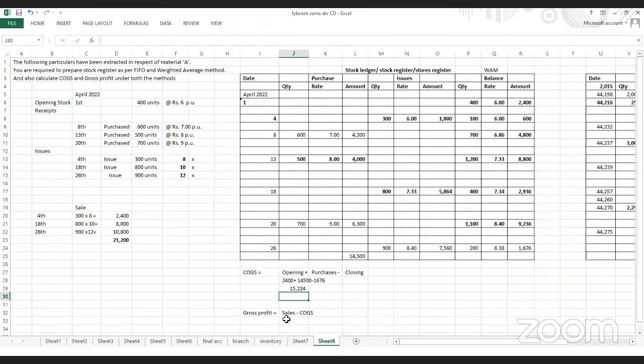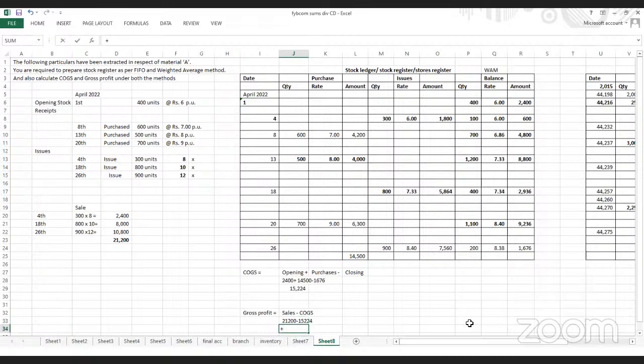15,224. Okay. Now we'll calculate gross profit, sales minus COGS. So if they have given you sales rate, you can calculate sales only once. Same sales will be used for weighted average as well as FIFO. Clear? So sales is 21,200 and COGS we just calculated 15,224.